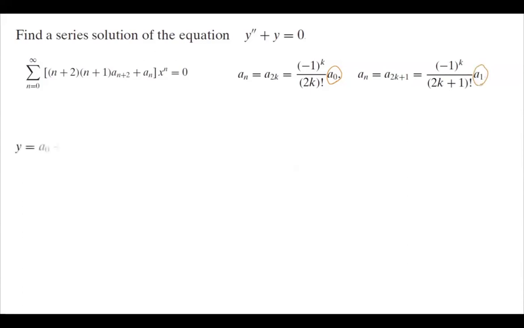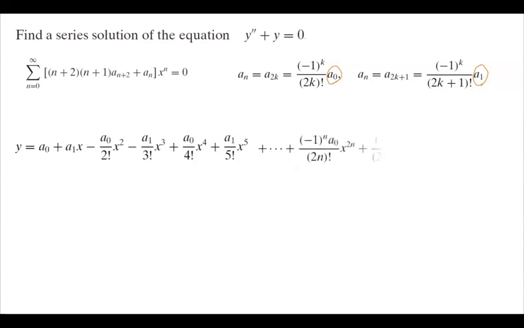So y can be written as a sub 0 plus a sub 1 x plus a sub 2, which is negative a sub 0 divided by 2 factorial times x squared, plus a sub 3, which is negative a sub 1 divided by 3 factorial times x to the third, and so on.